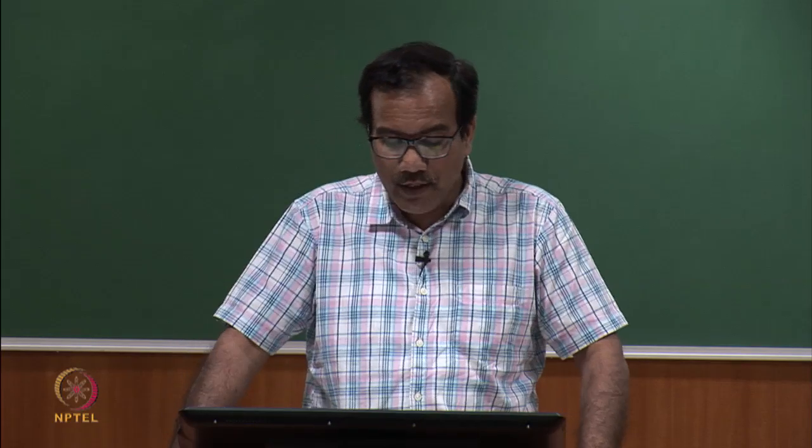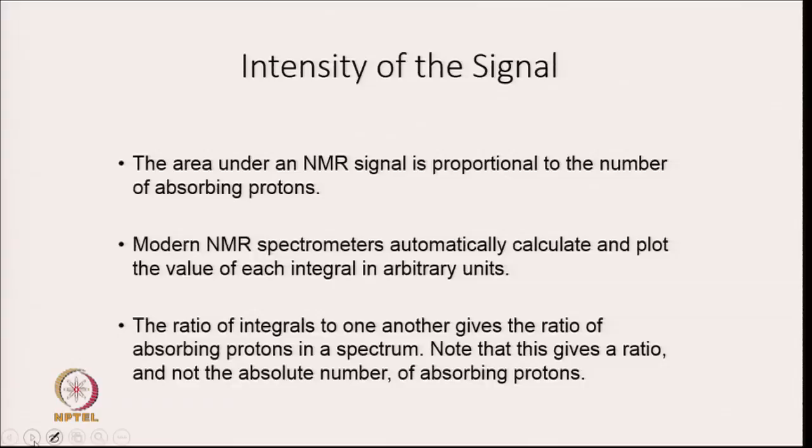The third important factor is intensity of the signal, and the area under an NMR signal is proportional to the number of absorbing protons, and this can also be used to obtain structural features from an NMR spectrum.